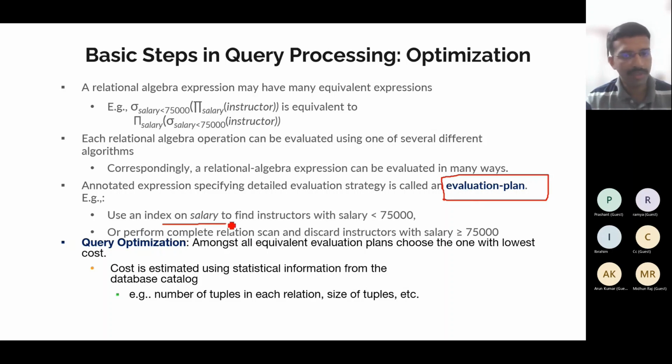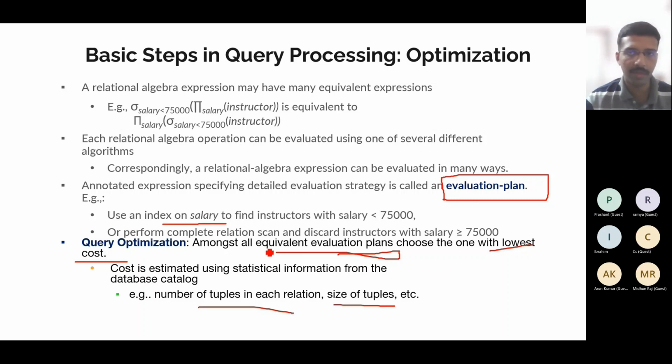Query optimization tries to achieve this: amongst all the equivalent evaluation plans, choose the one with the lowest cost. That cost can be in terms of memory, that is space, or the time taken for the computation. And the cost is estimated using statistical information from the database catalog or data dictionary, like the number of records, data size, the number of columns, etc.